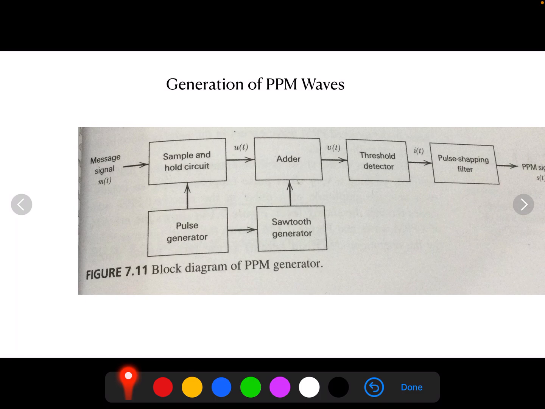The resulting sequence of impulses I of T is the output of the threshold detector. Finally you get the PPM signal S of T by using the sequence of impulses to excite a filter whose impulse response is defined by the standard pulse G of T.